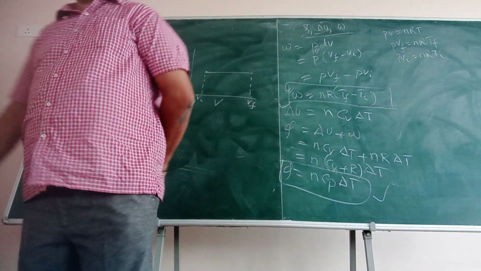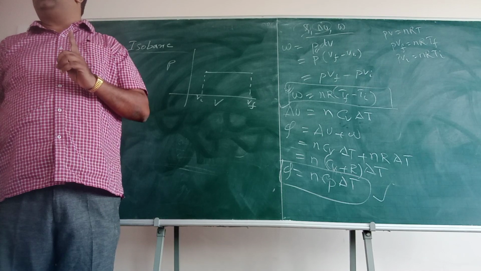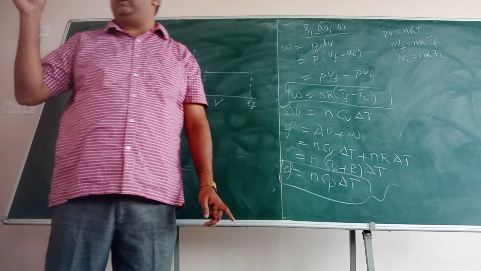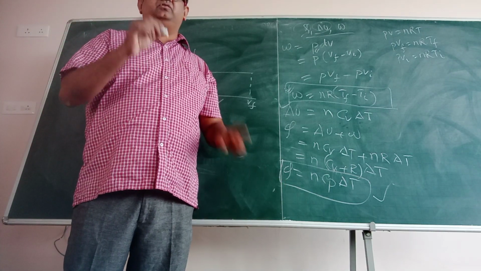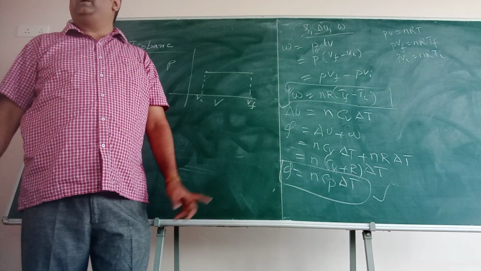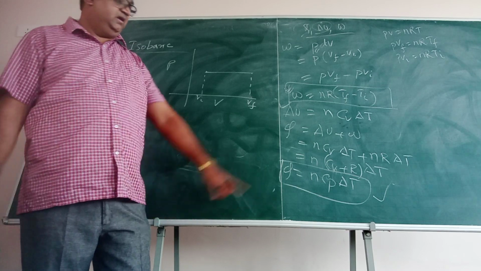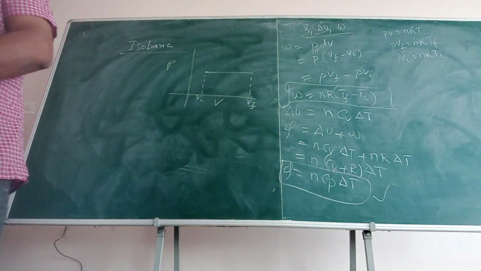Remember the expression for Q and remember the expression for W. And one more important thing: here the heat supplied is dependent upon the specific heat at constant pressure. Are you seeing any expression for CV in this? Remember this point.